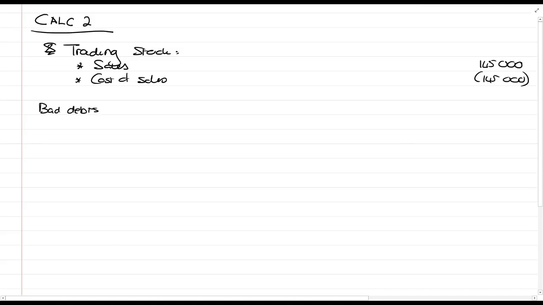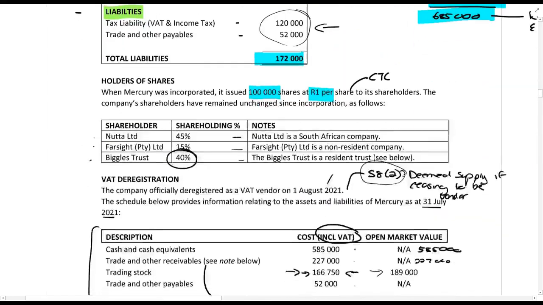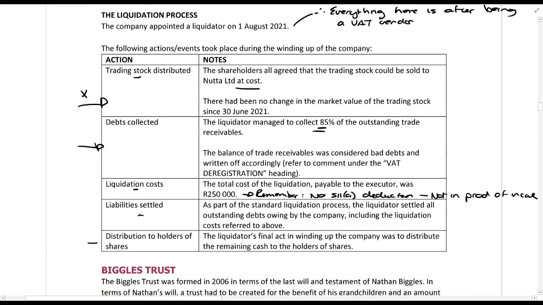And we can't claim the amount including VAT, so 227 times 100 over 115, times the 15%, 29,609. Right, so we're just doing basic bookkeeping here, almost. Then we've got the liquidation cost, 250,000.